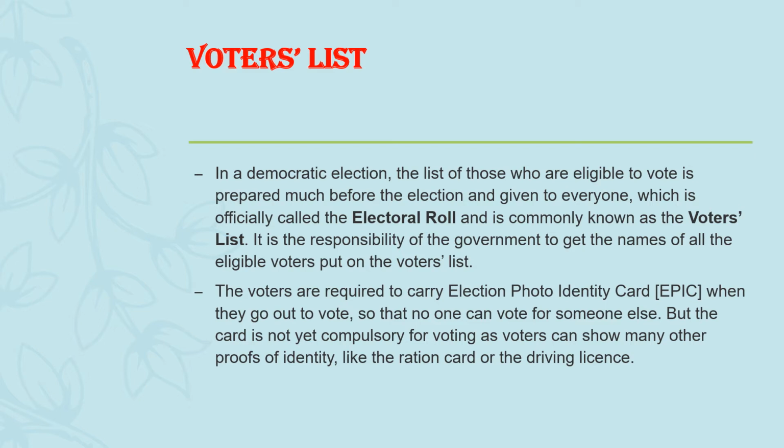The voters are required to carry the election photo identity card when they go out to vote, so that no one can vote for someone else. But the card is not yet compulsory for voting, as voters can show many other proofs of identity like ration cards, driving license or the Aadhaar card. Some criminals and persons with unsound mind can be denied the right to vote, but only in rare situations.